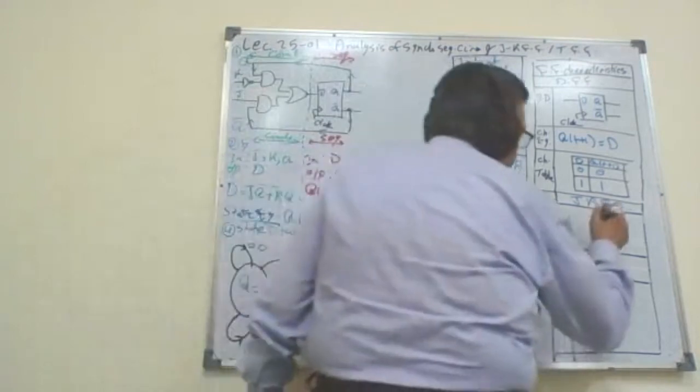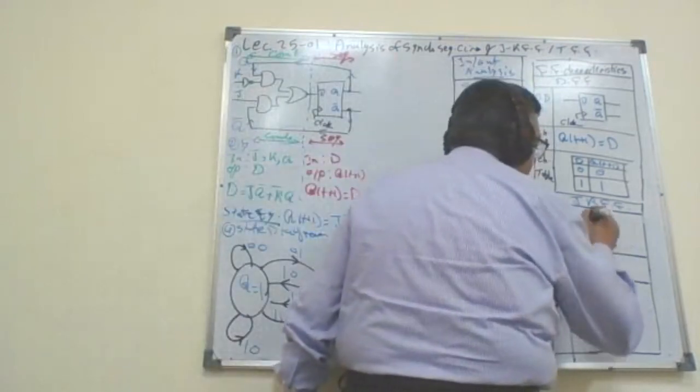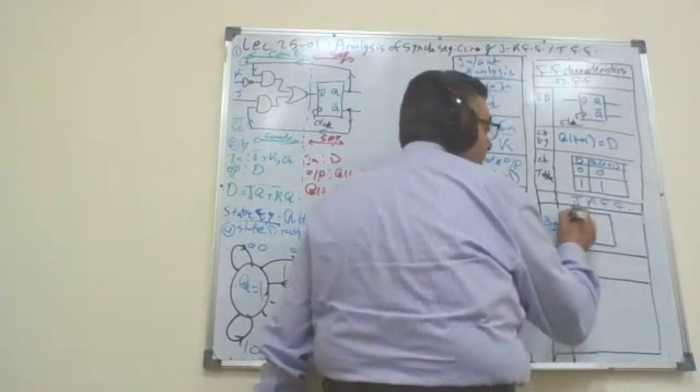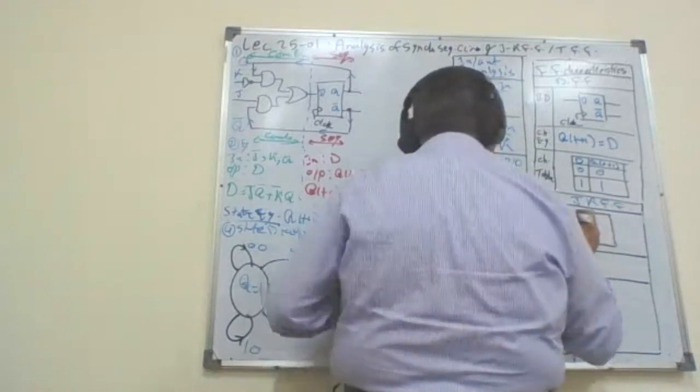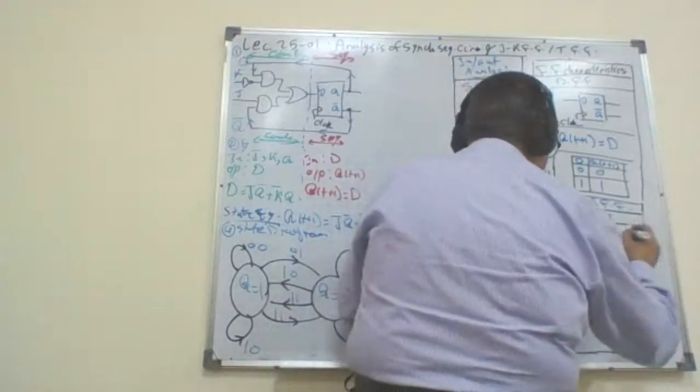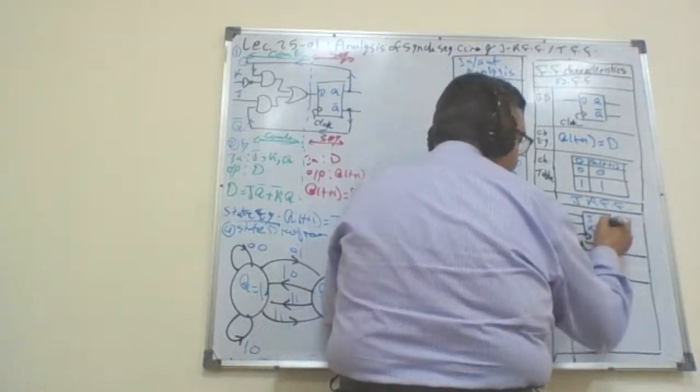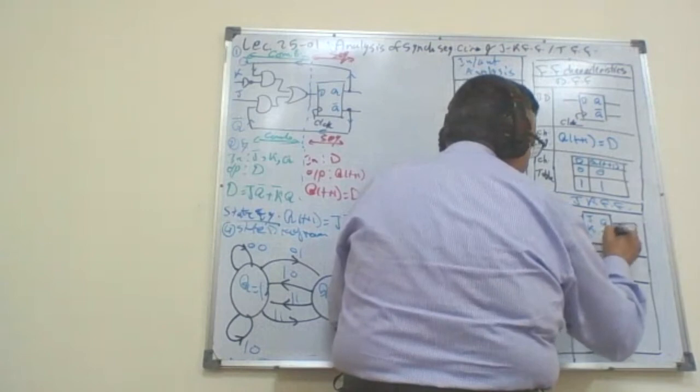The block diagram is simply a box that shows the inputs. I have two inputs, we call them J and K, and I have Q and Q bar.